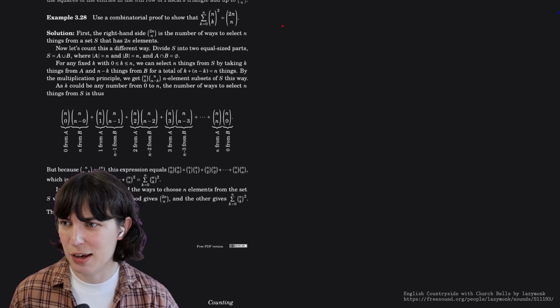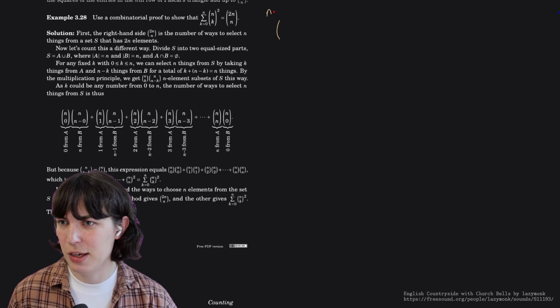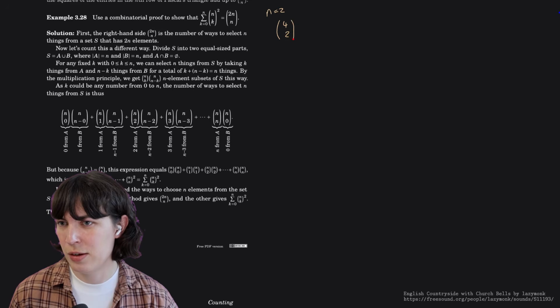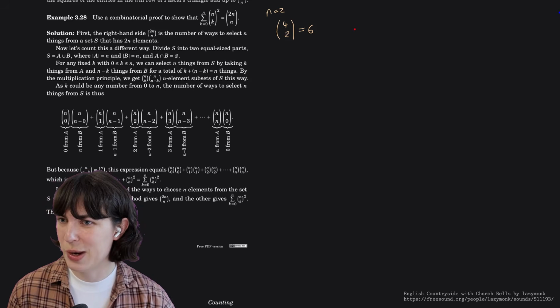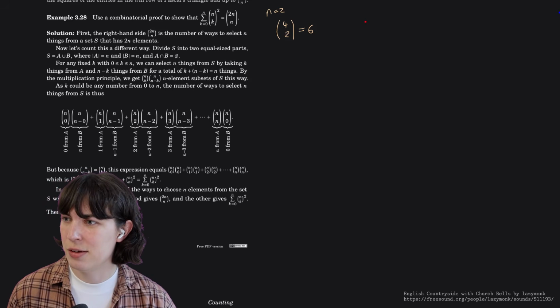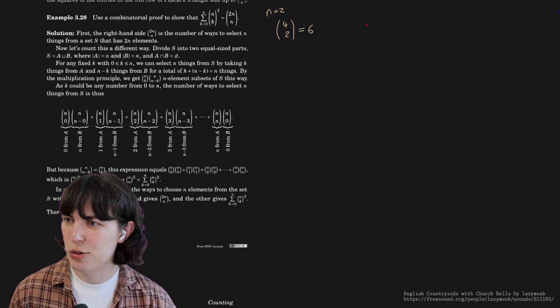Okay, so let's say for n equals 2, we have 4 choose 2, which is 6, the number of ways to select n things from a set that has 2n elements.